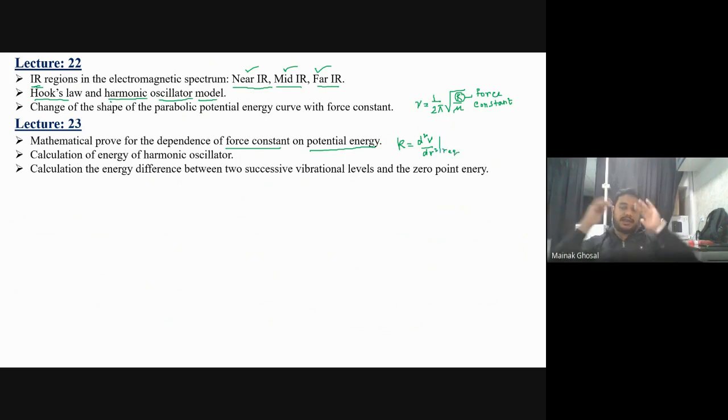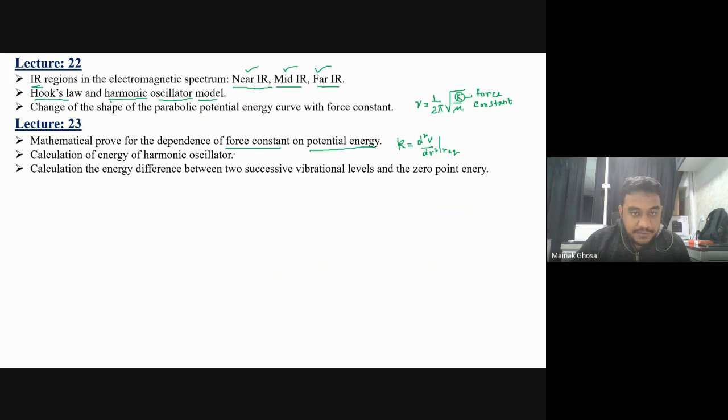R equilibrium is the equilibrium bond length when there is no vibration. But as it vibrates, suppose this is a bond, then with stretching, bending and different kinds of motion the bond vibrates, so the bond length always changes. This will be denoted as R, and it was shown that k depends upon this second derivative.